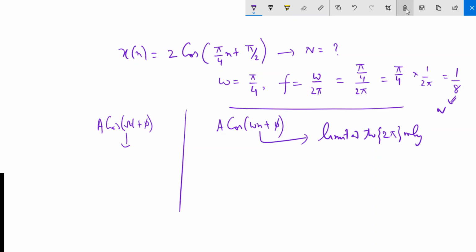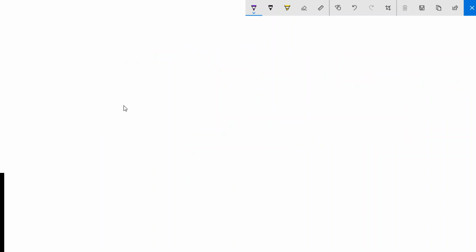So if you start from omega equal to 0, you get a constant signal. Then as you increase omega, when omega becomes equal to pi, you will get the maximum rate of oscillation. I will explain this. We have a signal a cos of omega n plus theta.